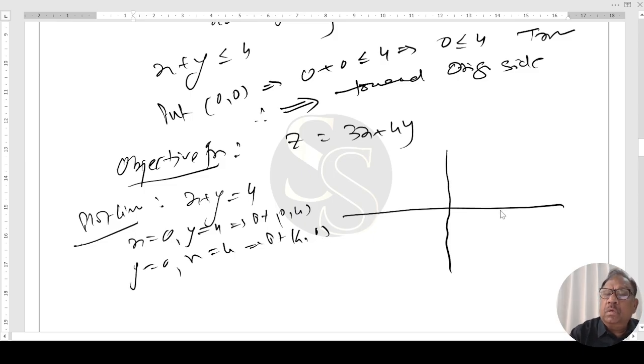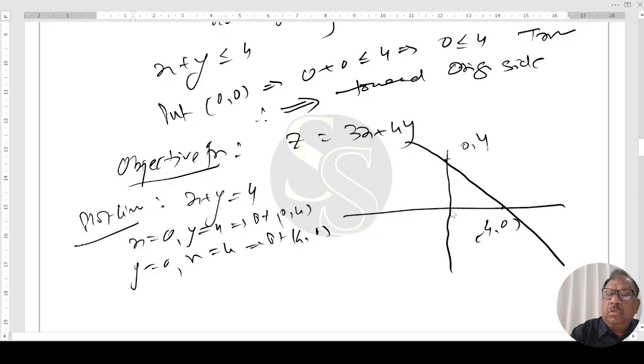Right? 4, 0 and 0, 4. This is the line. This is the origin. The feasible region is in quadrant 1, and from the origin side means this is the origin side. This line divides the plane into two parts, the origin side and the non-origin side.